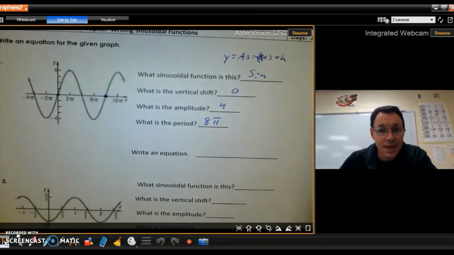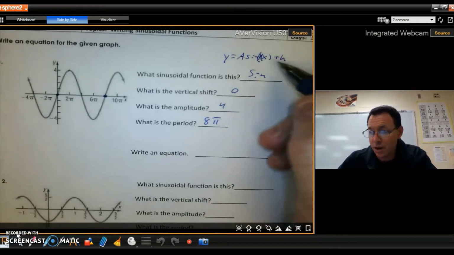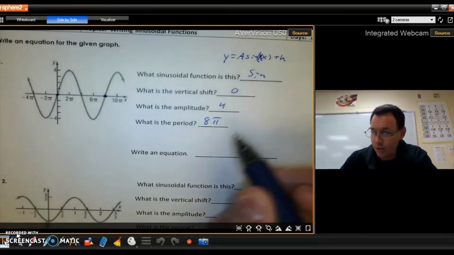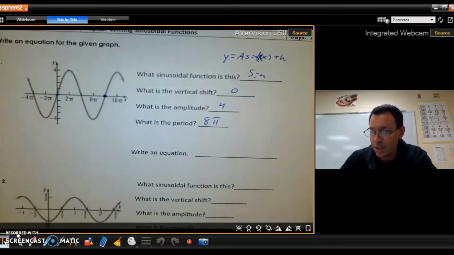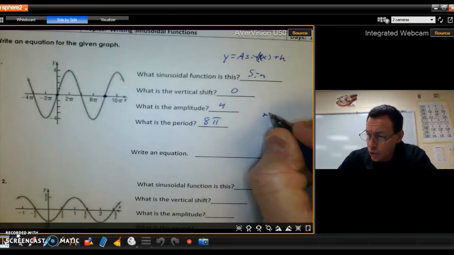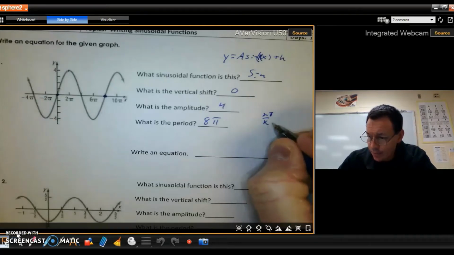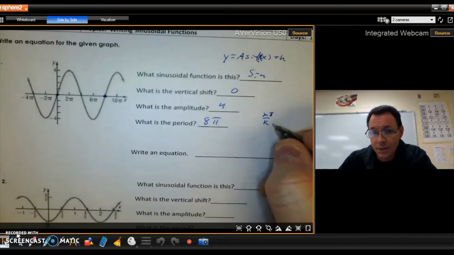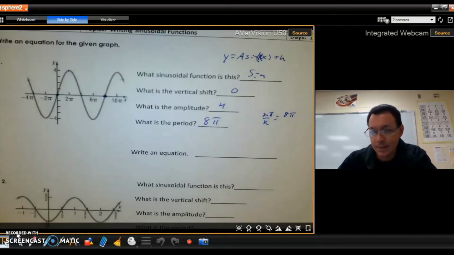Now, that is going to help us find our k value. It's not the k value itself, and it's not something that gets plugged into the equation. Remember, the period is 2 pi over k, and in this case it is equal to 8 pi. So now I just need to solve for k.